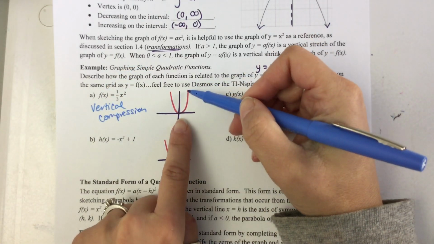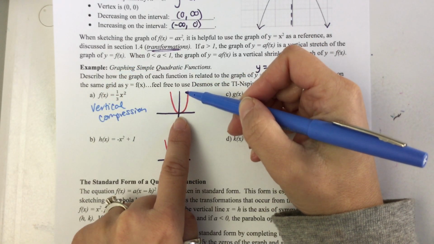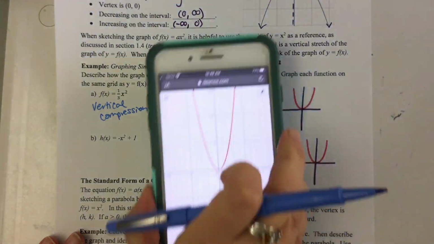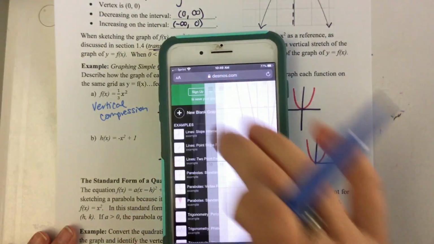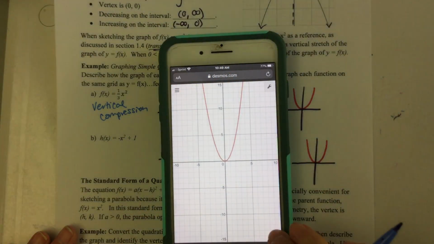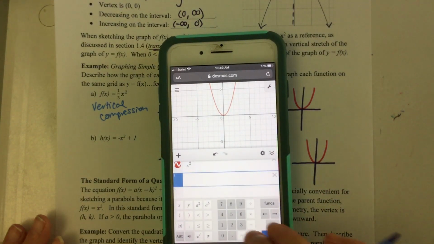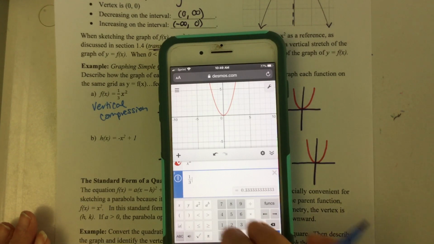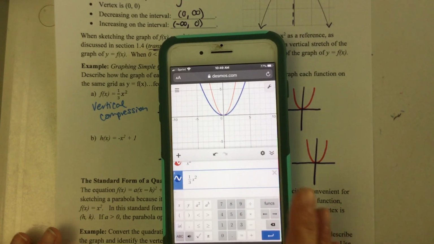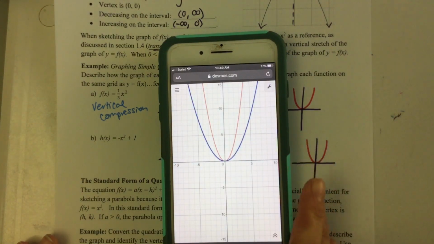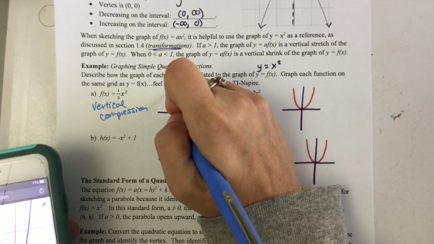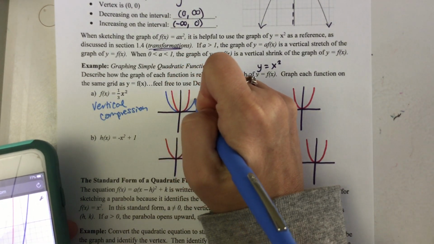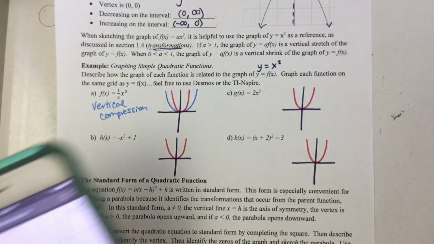So what you're doing is you're taking this parabola top and bottom and you're going, get shorter. So what should happen is this should end up wider. So I'm going to go ahead and on the same grid, type 1 divided by 3, so 1/3, then the right arrow to get out of the fraction. So I have 1/3 x squared, and check this out, it got wider. The reason why it got wider is because what you were trying to do was make it shorter. There you go.